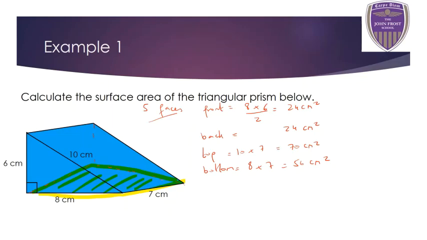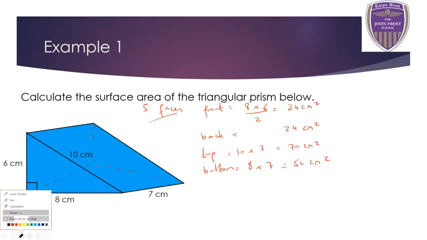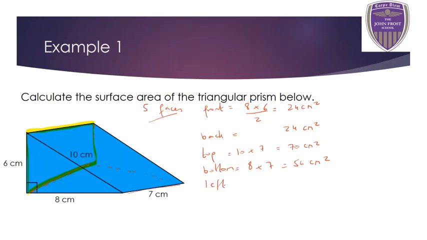And the only face left to do, if you pardon the pun, is the left-hand side, which you can just see again. There's the left-hand side. Again, it is a rectangle, I promise you. Can we see that this length here is 7, and the height of the rectangle is 6.